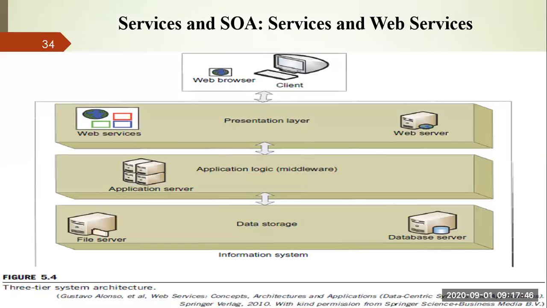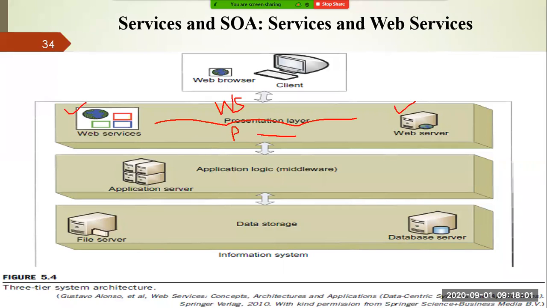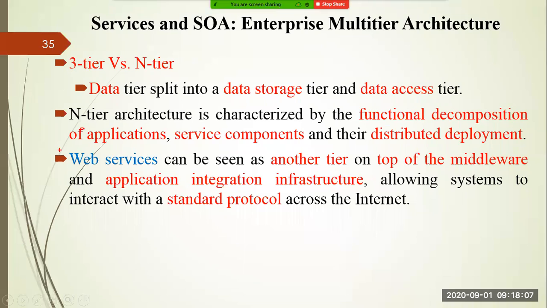If you look at the top part, in the presentation layer you have two things, web service and web server. So you can separate these layers also. I can divide this layer: one layer is called web service, another layer is called the presentation layer. And the presentation layer is only responsible for the web server, not for the web services, right? That's why it is saying web services. Web services can be seen as another tier, which is on top of the middleware.